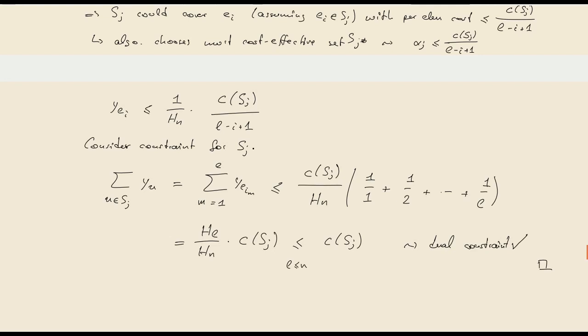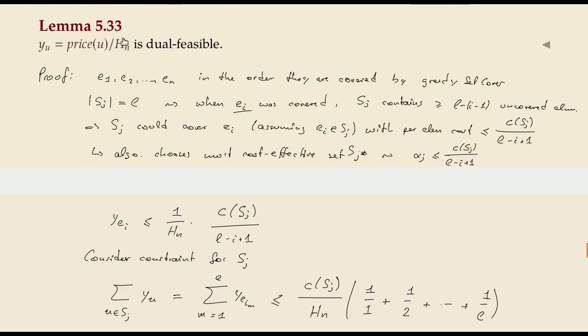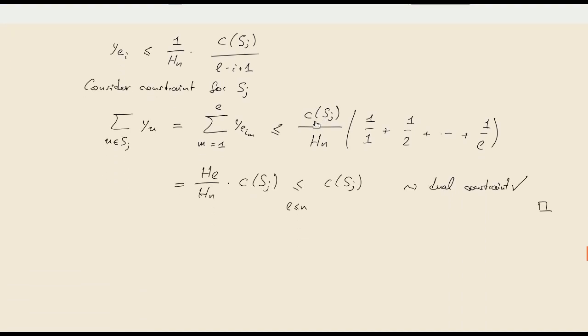And since this holds for all sets, our selection y, if we scale by this 1 over Hn, is in fact a feasible dual solution.